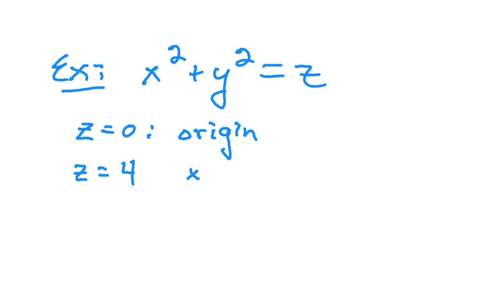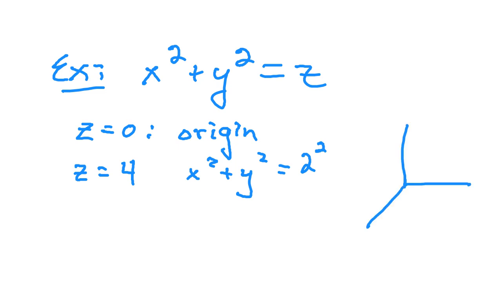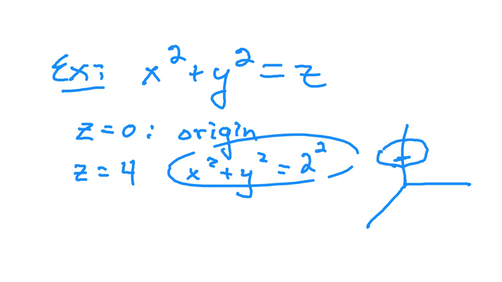Well, that's x squared plus y squared equals 2 squared when z equals 4, right? And what's that look like? So when z equals 4, up here, I have a circle with radius 2. So I'm out 2, left 2, back 2, etc.